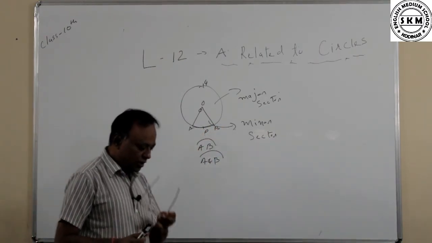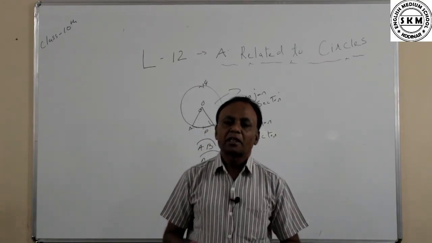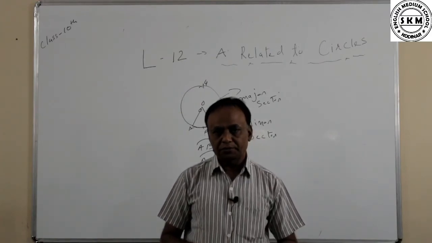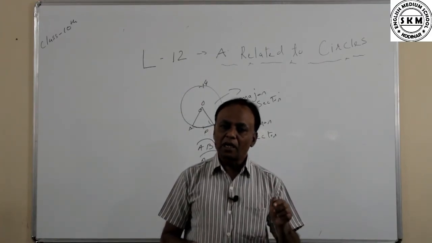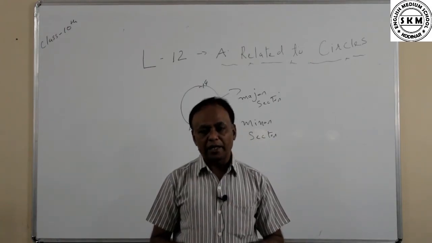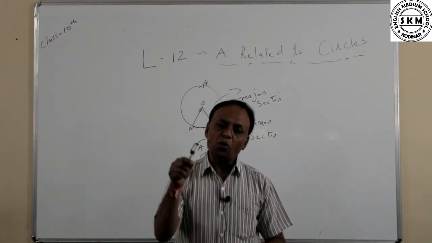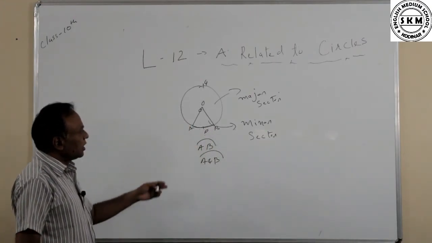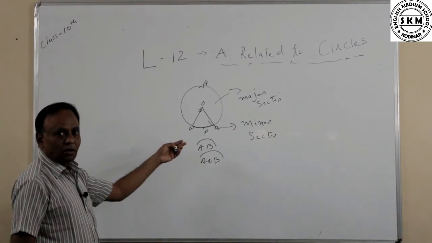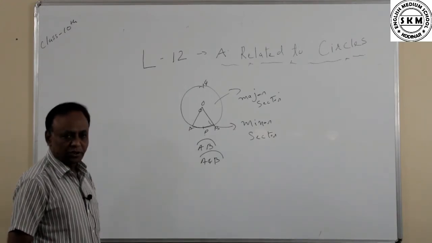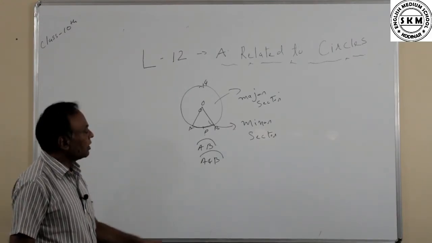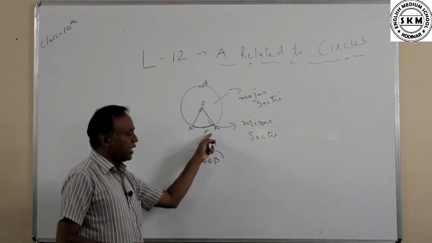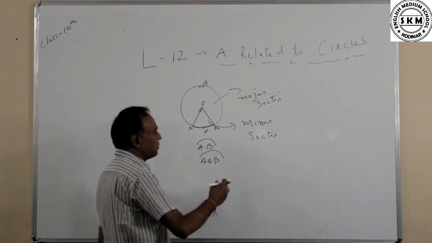So the definition of the sector is the area bounded by radii and corresponding arc. Now minor and major sectors. Here OA, OB and arc APB, union of.